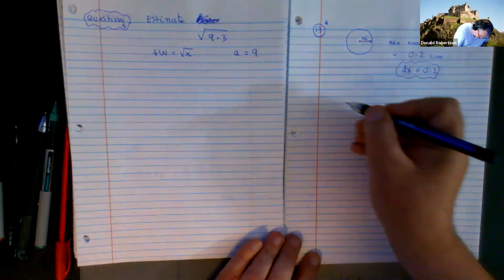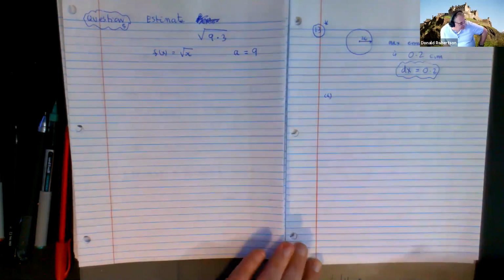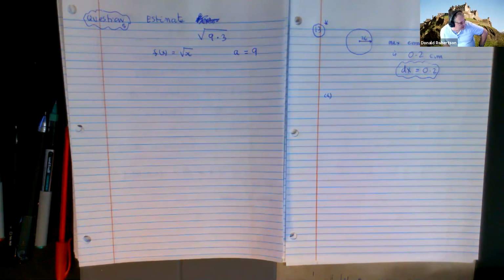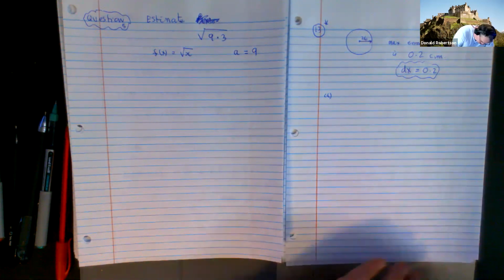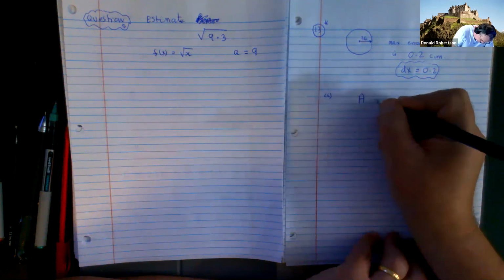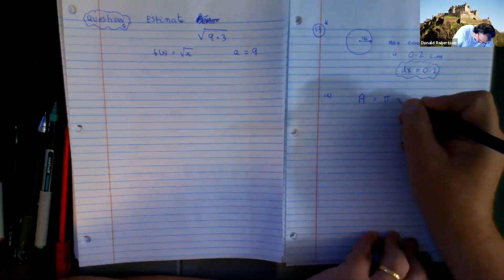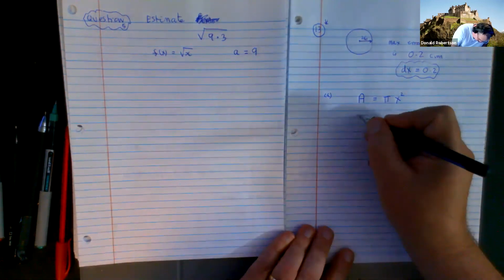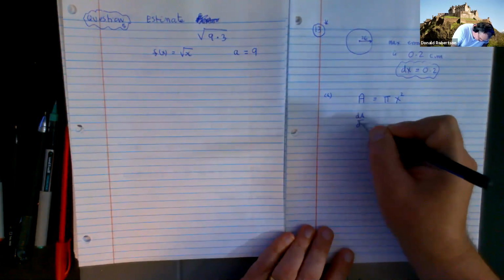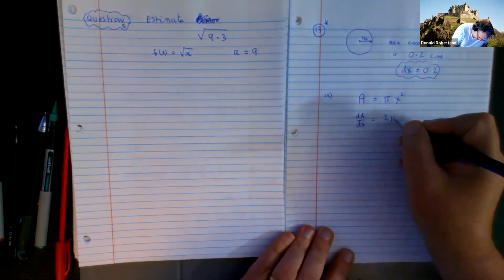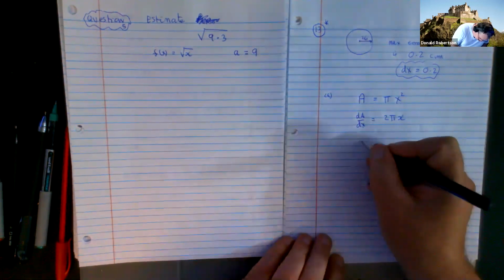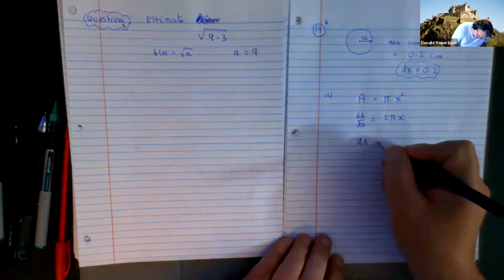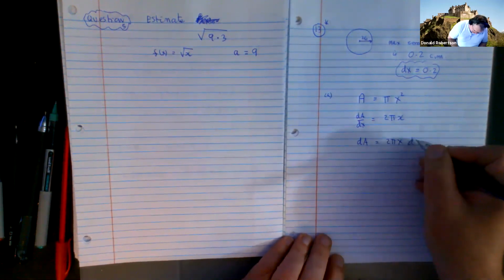Question A is asking us to use differentials to estimate the maximum error in its area, and we have to round off the answer to 2 decimal places. So essentially, A is going to be pi x squared, where x is the radius. The derivative is going to be 2 pi x. So the differential, dA, is going to be 2 pi x dx.